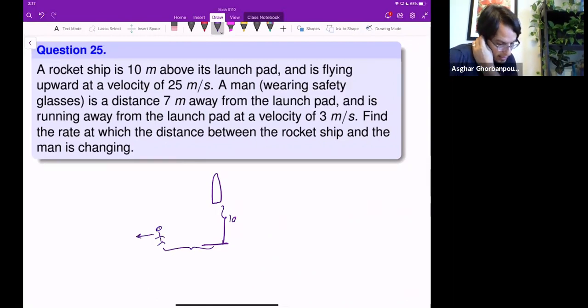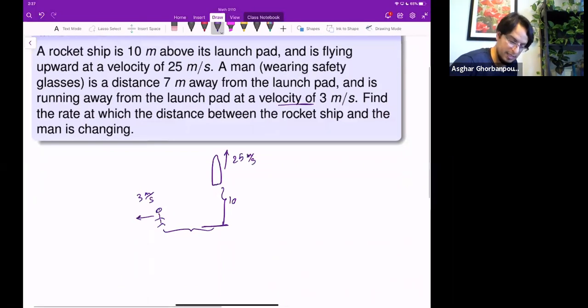With what speed? He's running away from the pad at 3 meters per second. The rocket ship is also going upward with a velocity of 25 meters per second.